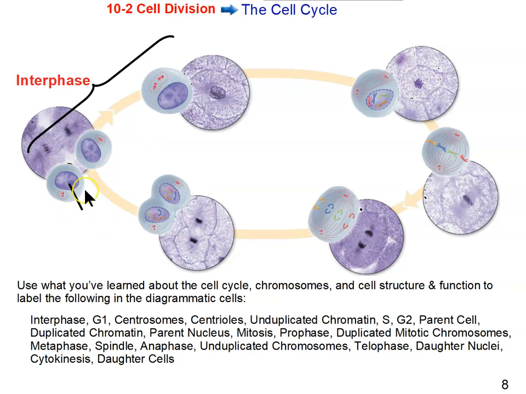And we've got cells here where we have unduplicated chromatin. So it's not only unduplicated, but it's uncondensed. And so that would be G1. So these cells are in G1. And then we go through, of course, S and G2. But notice that I also labeled the centrosome with the centrioles here. And notice the difference as we go from this cell to this cell.